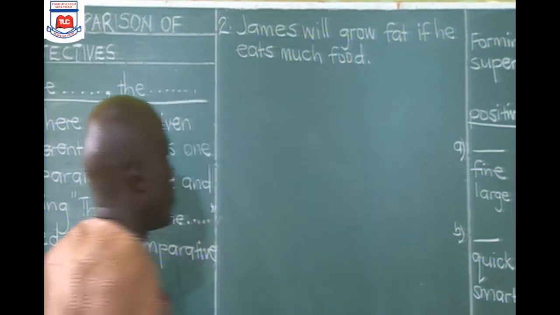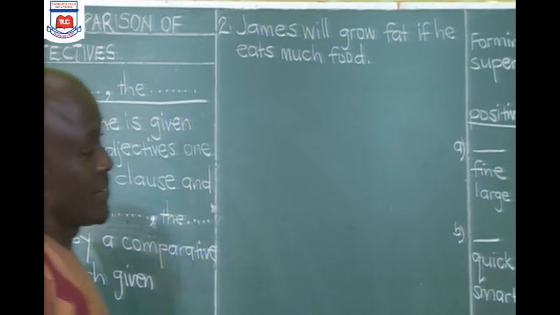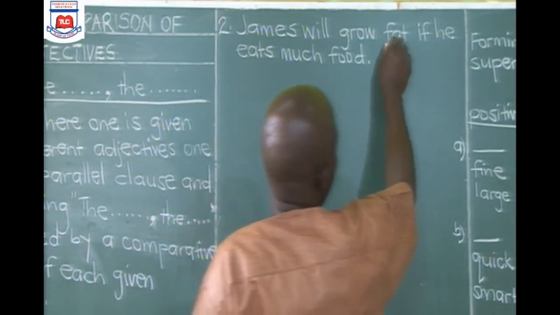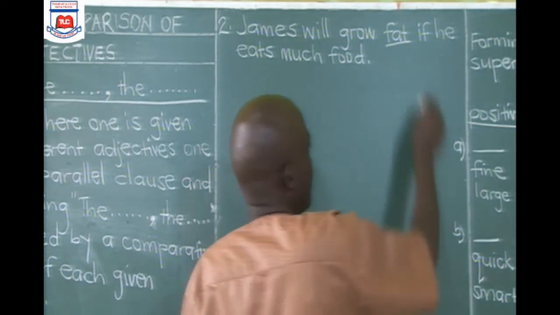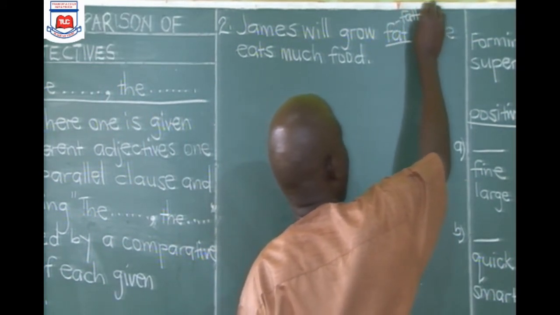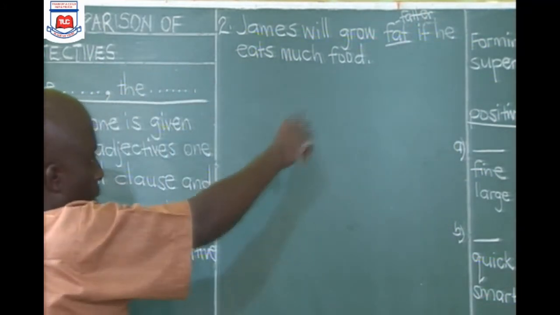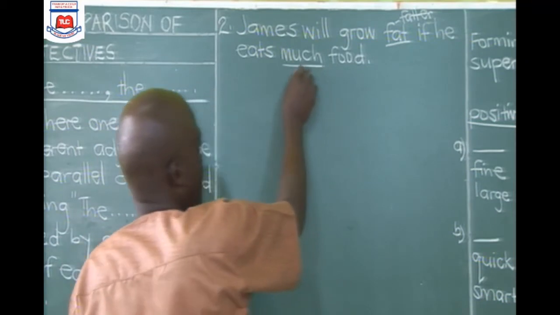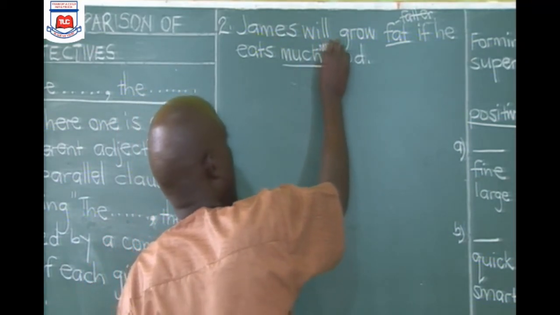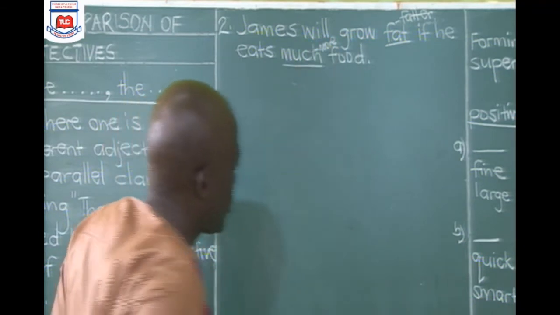The first thing you do is to identify the adjectives. The first adjective here is fat. What is the comparative degree? The comparative degree here is fatter. Adjectives like this double the last letter before adding er. Another adjective here is much. The comparative degree of much is more.